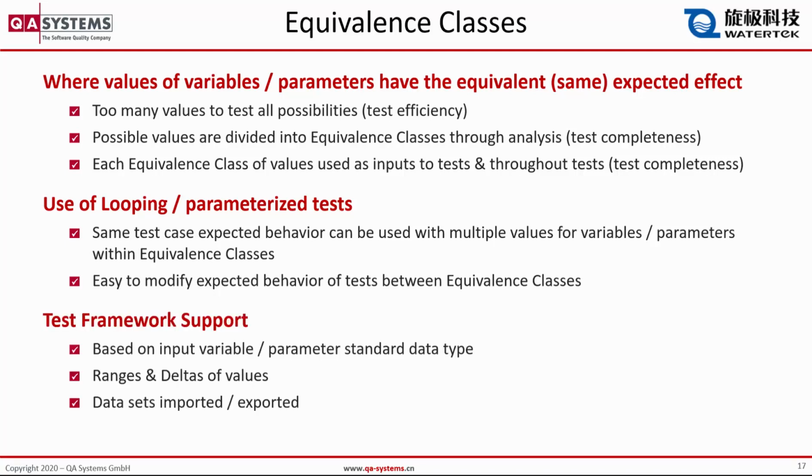In terms of test framework support, what we should be looking for here are frameworks that base their support for parameterized tests on input variables and parameters using standard data types for code. Also providing options not just so we have to choose and specify each individual value on its own, but using things like ranges and deltas of values too, with data sets that can be imported and exported.